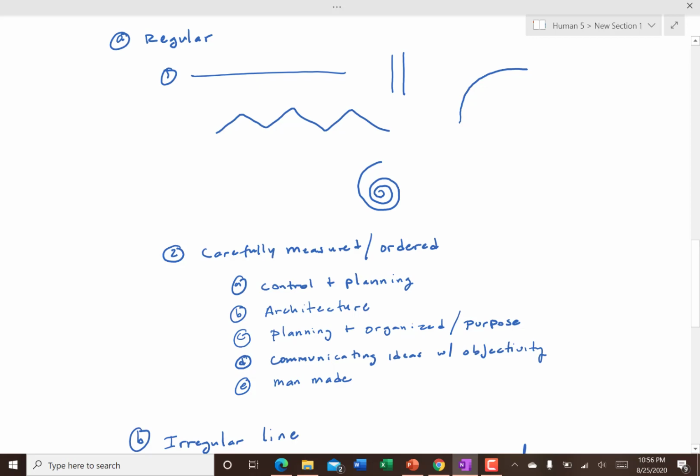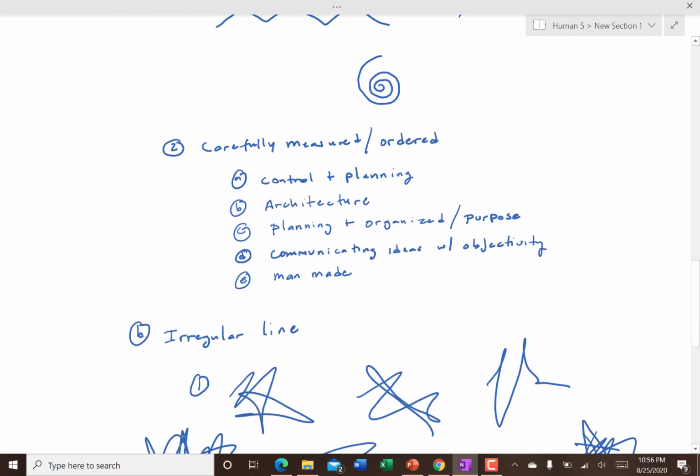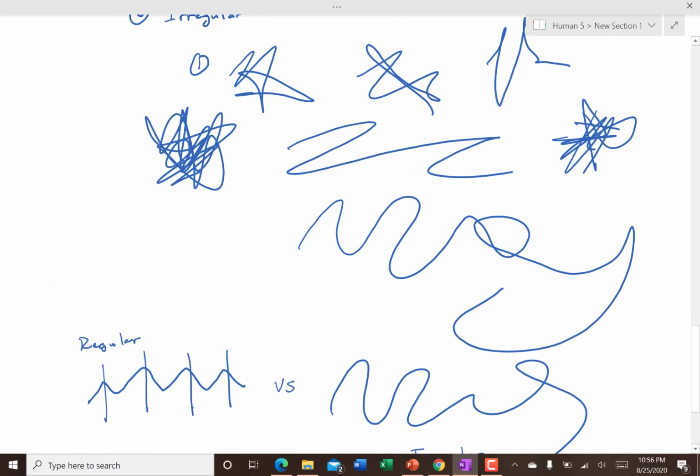You see them in architecture. You see them in things that humans, it's man-made, but it's humans, not just men, have created. And whereas irregular lines, if you get too chaotic with irregular lines, it's going to come off as human-made as well.